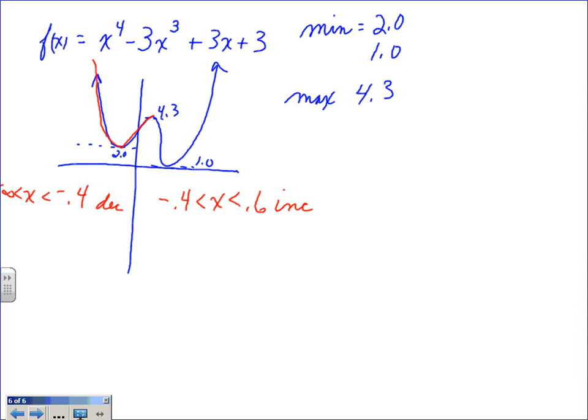And then when x is between 0.6 and 2.1, we are decreasing again, and that's from here to here. And then when x is greater than 2.1, this function is increasing.